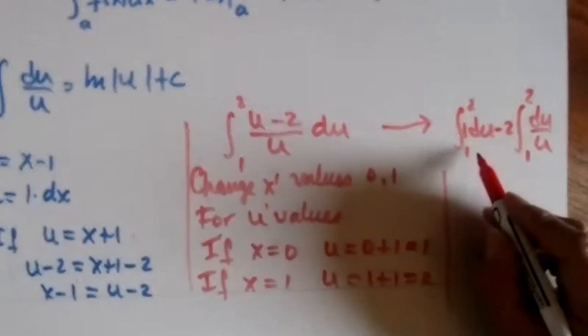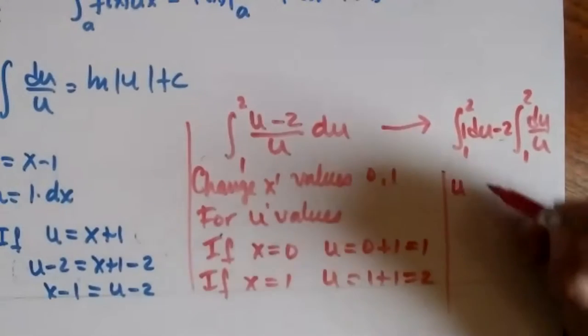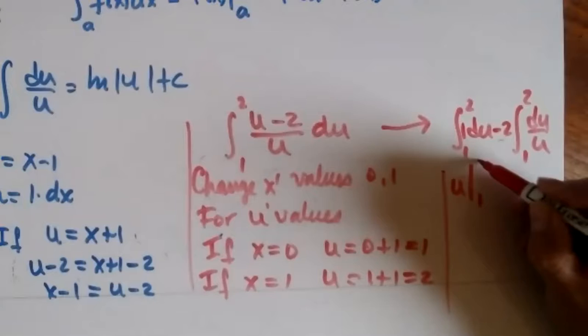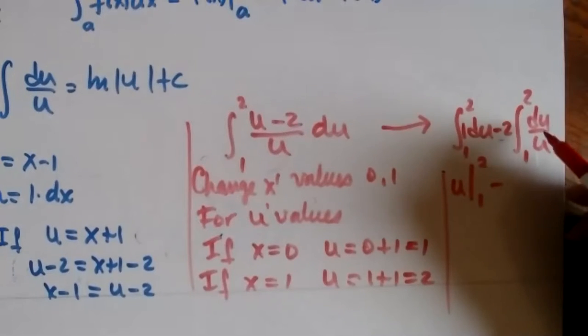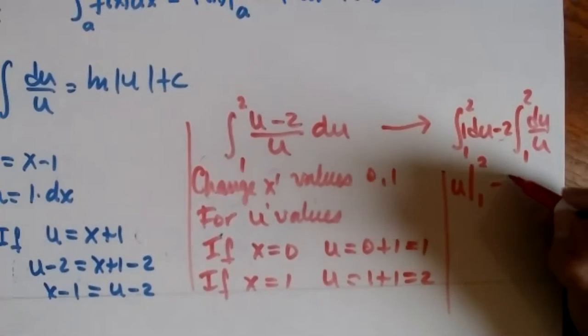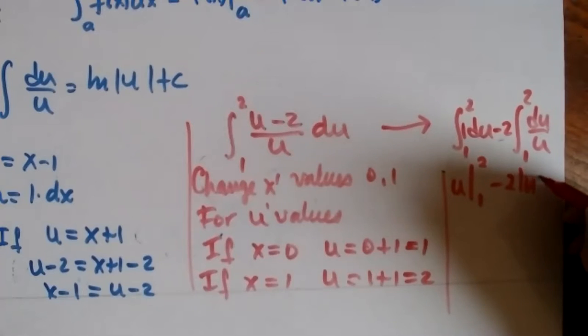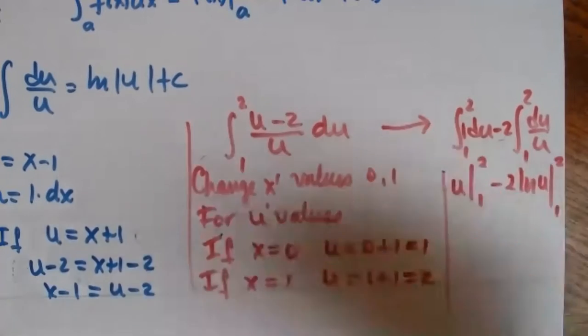Now, the antiderivative of 1 is u, and now what you're going to do is evaluate from 1 to 2, minus twice ln of u from 1 to 2.